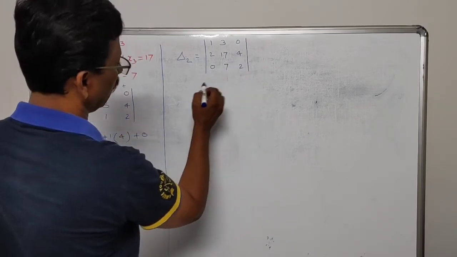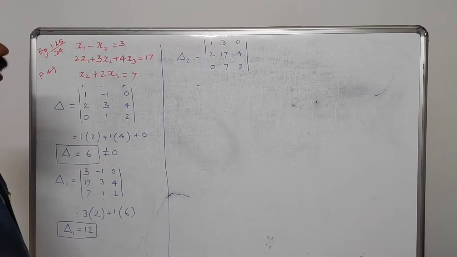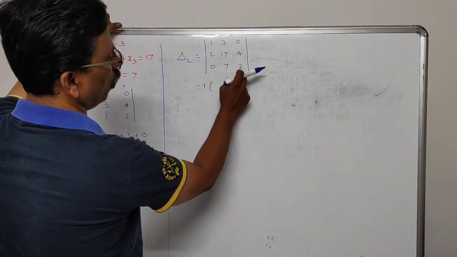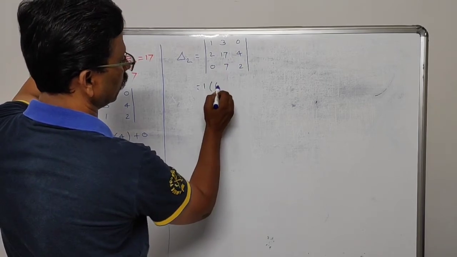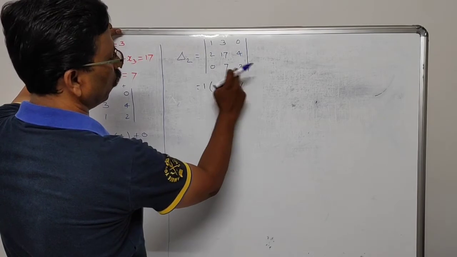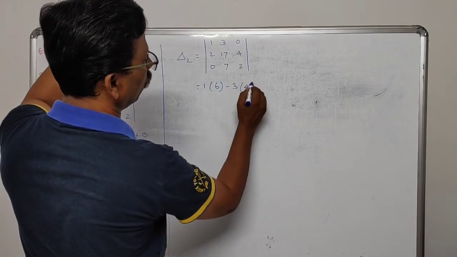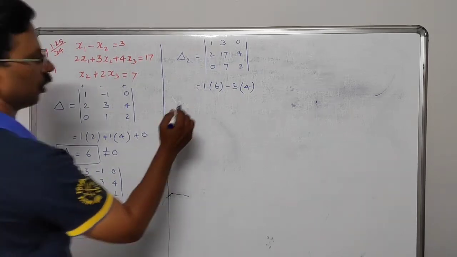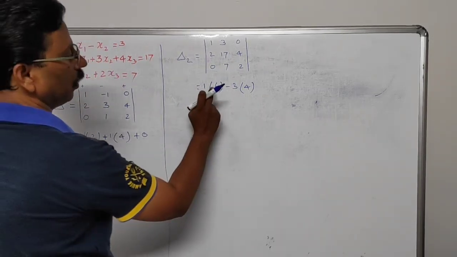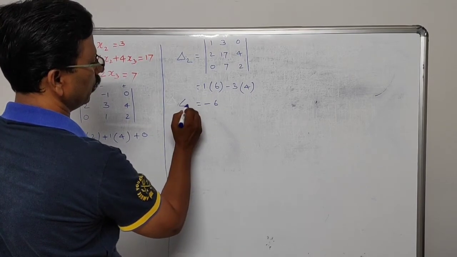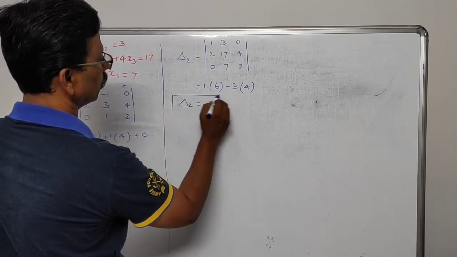Now this can be expanded through the first row. Here also 1 into 34 minus 28 gives 6. Then minus 3 into 2 twos are 4, minus 0 gives 4. Then this is 0, therefore you do not write it. Now it is equal to 6 minus 12 gives minus 6. Therefore delta 2 is equal to minus 6.